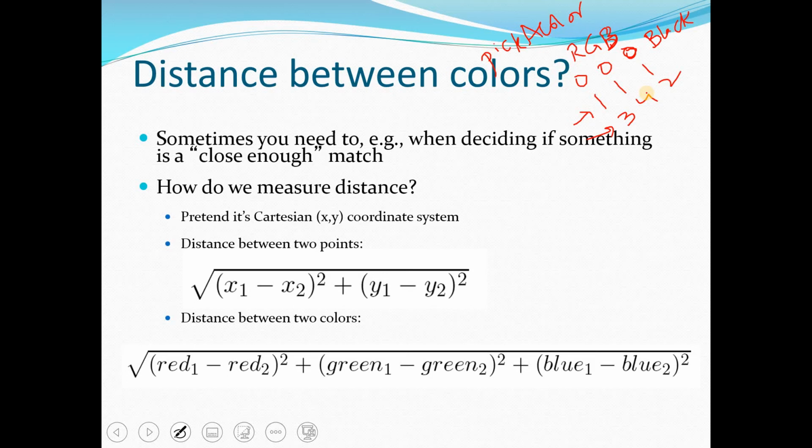So when the colors are very close, I cannot decide which one is closer. For that purpose, we try to measure the color distance. When we are deciding which colors are close enough, we measure the color distance by the same formula which is used in geometry.